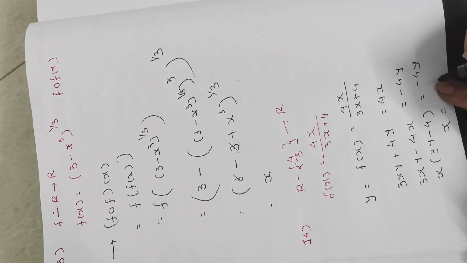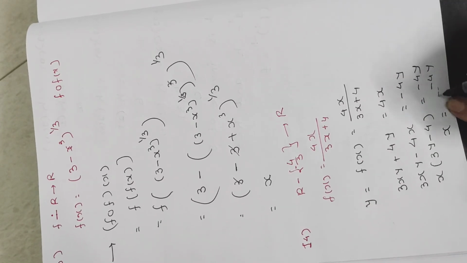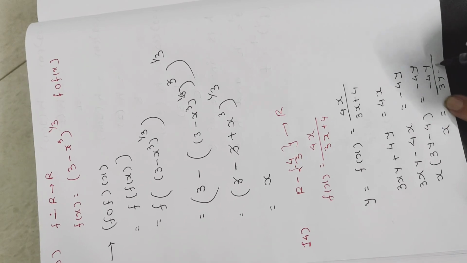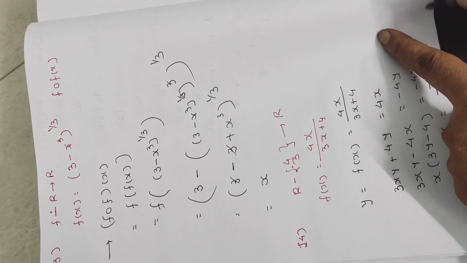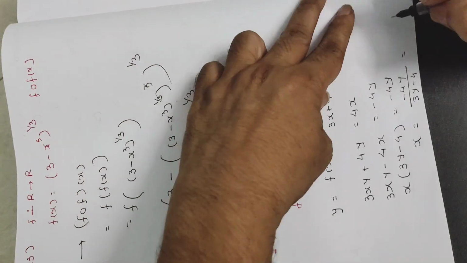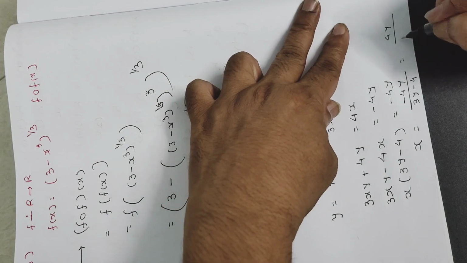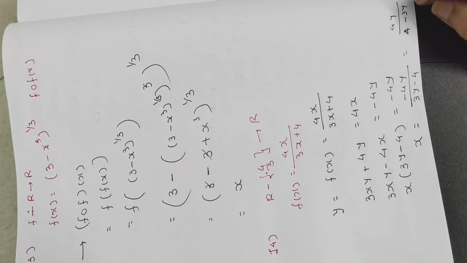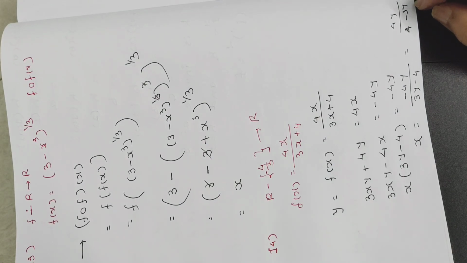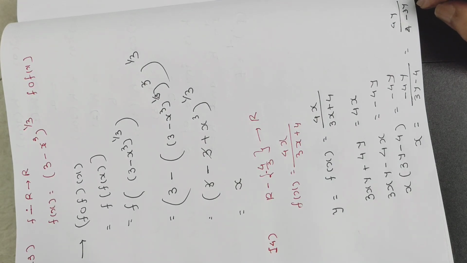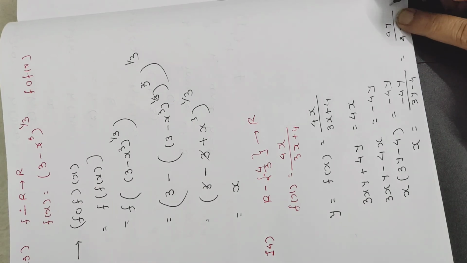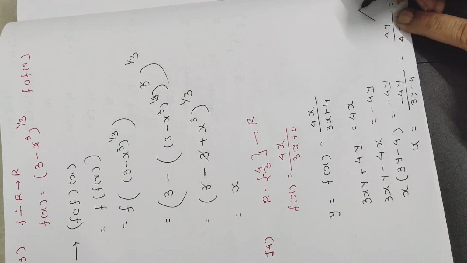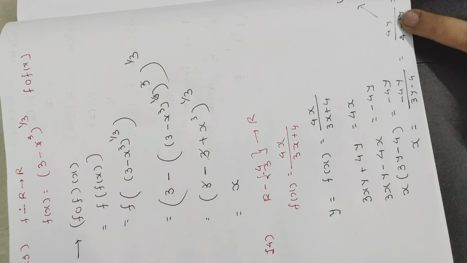So x is equal to minus 4y upon 3y minus 4, which is 4y upon 4 minus 3y. That option is B.